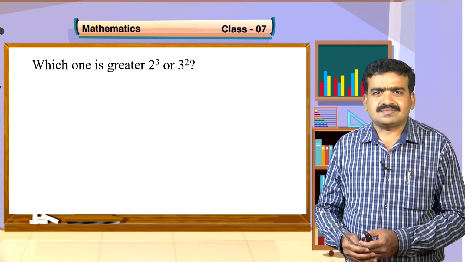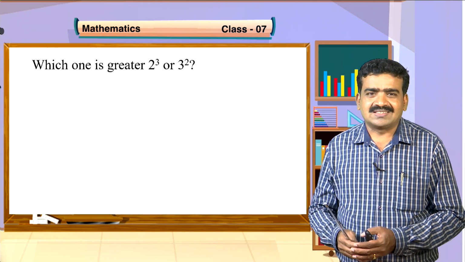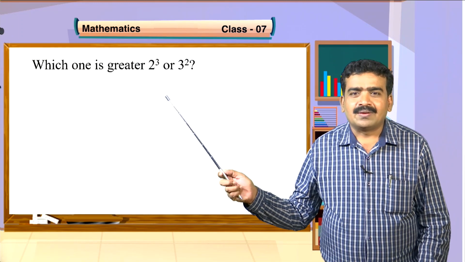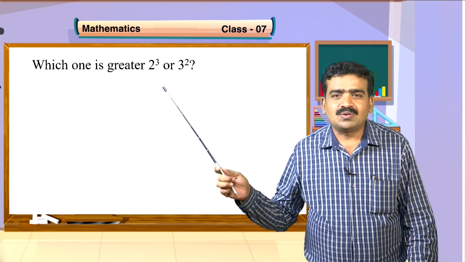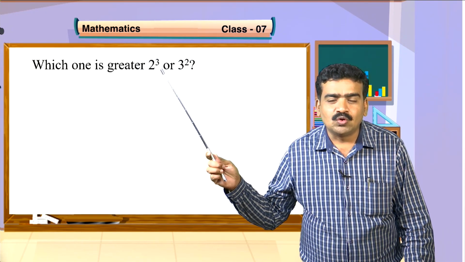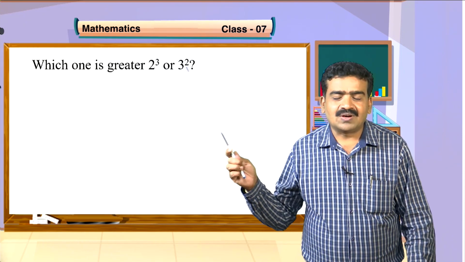Now, let us compare two exponents. In this case, we have to compare which one is greater and which one is smaller. So, we have two exponents, 2 raised to the power of 3 or 2 cubed, and 3 squared. What we have to do?